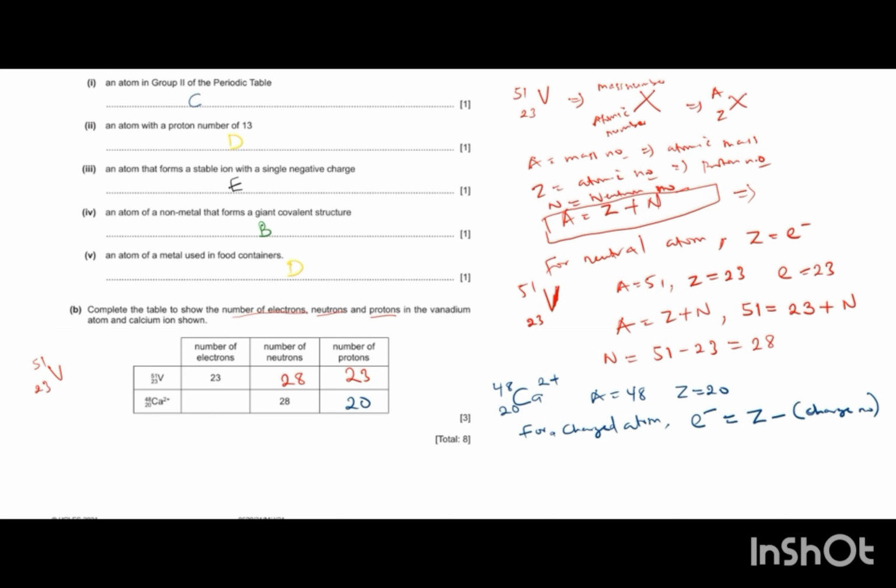So Z for this is 20, minus the charge on top, which is plus 2. That's the essence of the bracket, so that it can be multiplied out. So this is going to be 20 minus 2, because plus times minus is minus 2.